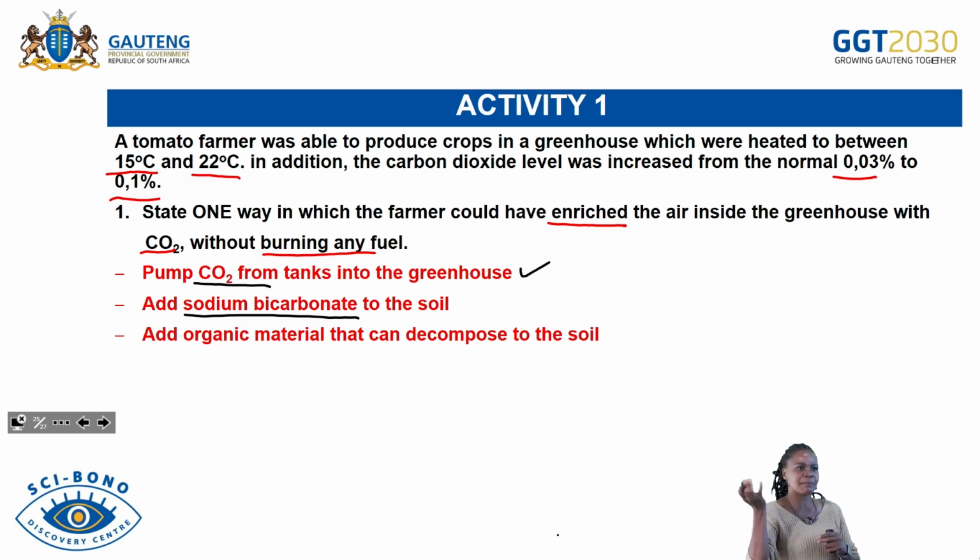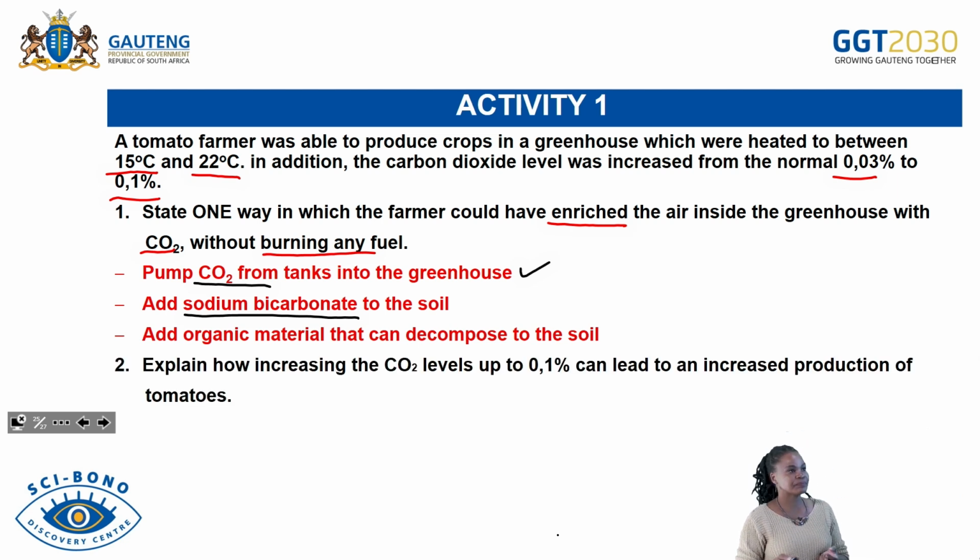Remember, sodium bicarbonate has what? Has carbon dioxide. And the last one is to add organic material that can decompose. Explain how increasing the level of carbon dioxide up to 0.1% can lead to an increased production of tomatoes.